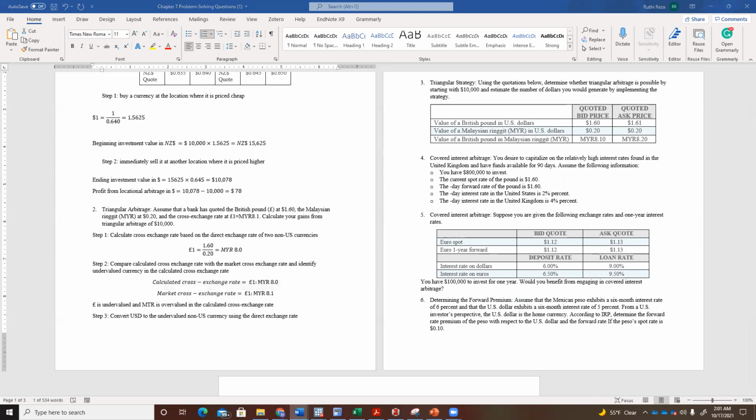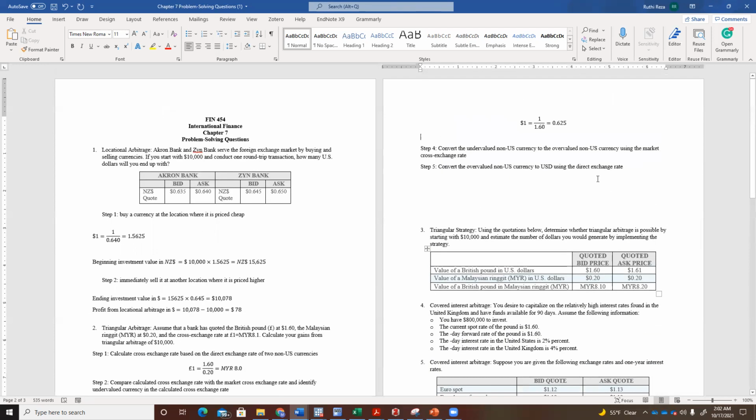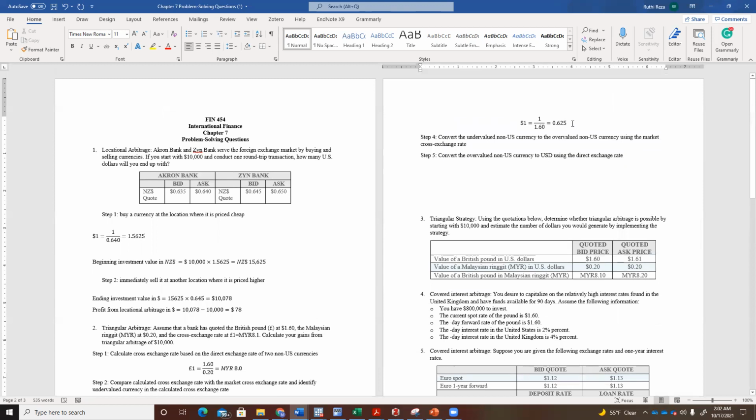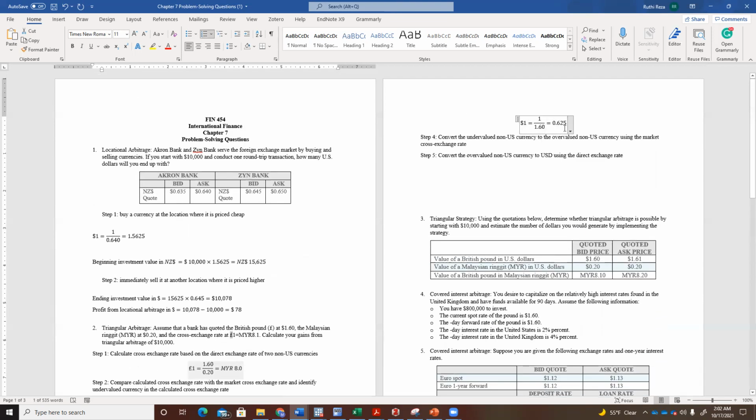All right. So now, because we have just dollar at our hand, we need to know how much pound we are going to get per dollar. Here you can see per dollar is equivalent to 0.625 pound. Okay.